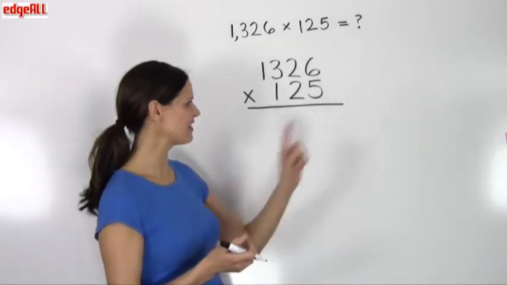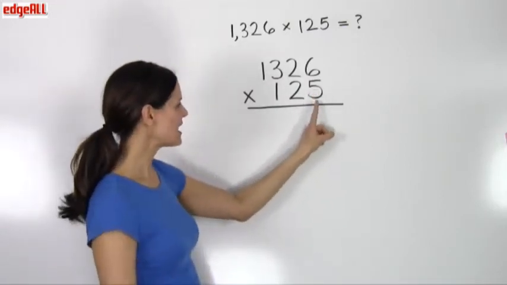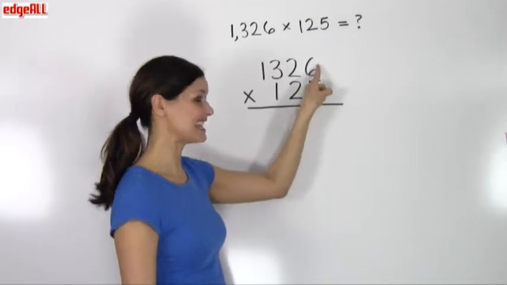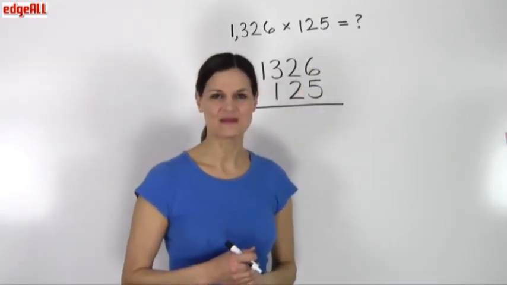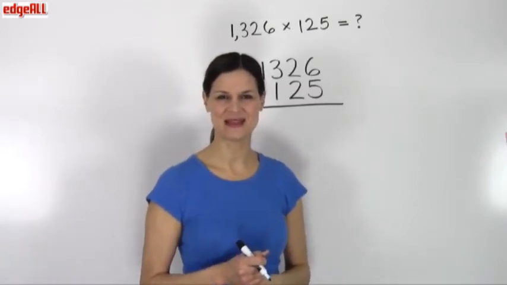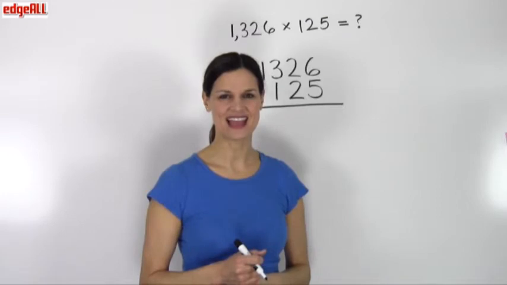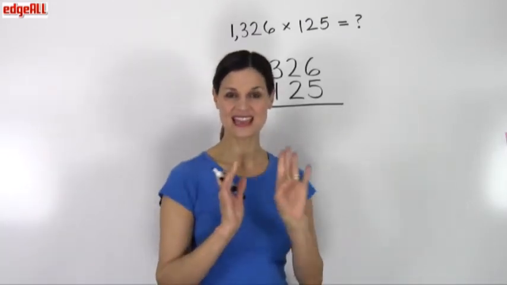Let's begin with the 5 in the ones place. So I start out here by doing 5 times 6. I'm sure that you're working on memorizing all of your multiplication tables. And so we know that the answer to 5 times 6 is 30. And so I've got a 3 and a 0.